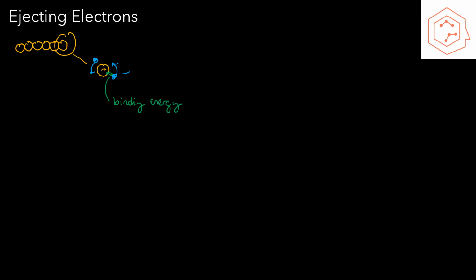So this energy is what keeps the electron from flying away from the nucleus. So this binding energy is also sometimes called the work function of the material, or W for short. And the work function differs between different materials.